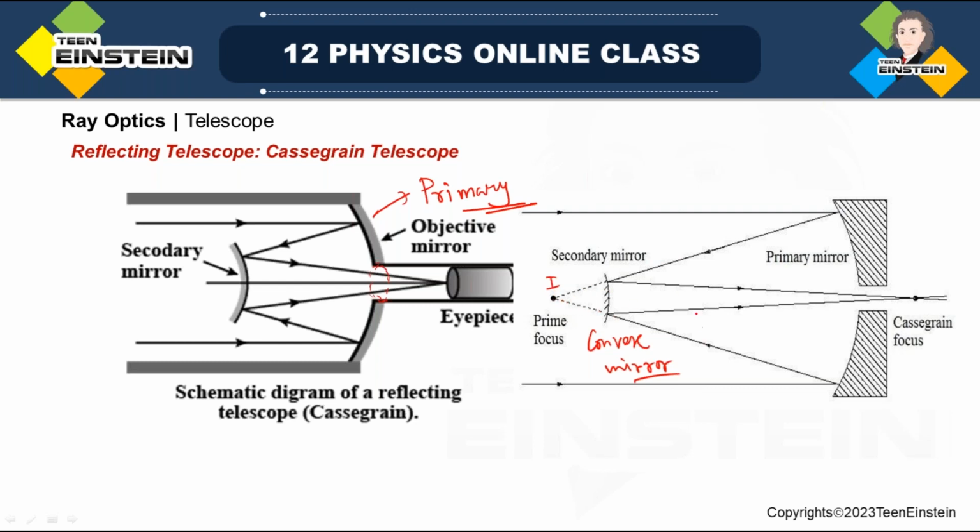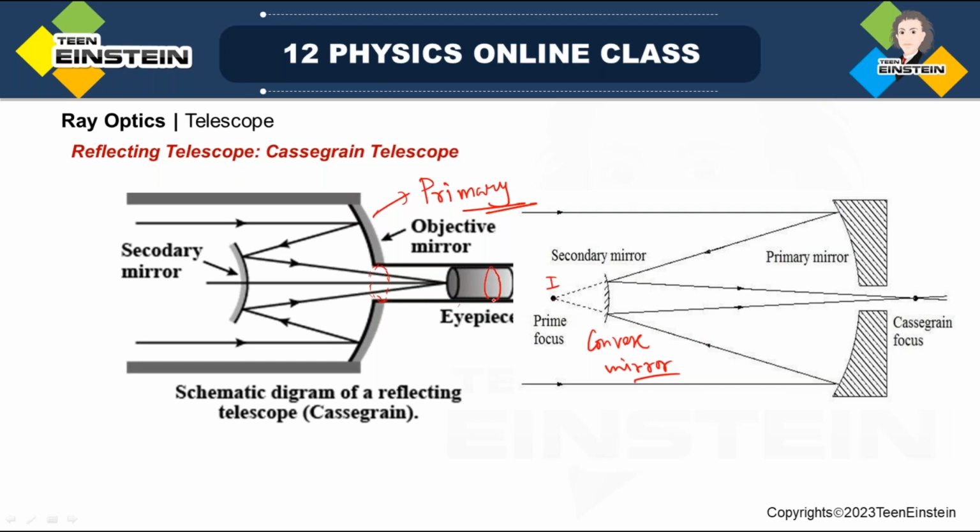So these rays will be reflected back in this direction, and here you look, there is an eyepiece lens over here. So the eyepiece will magnify the final image.